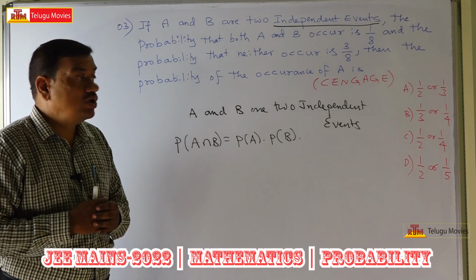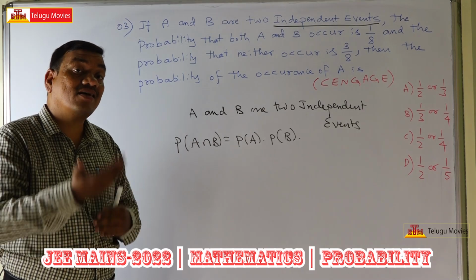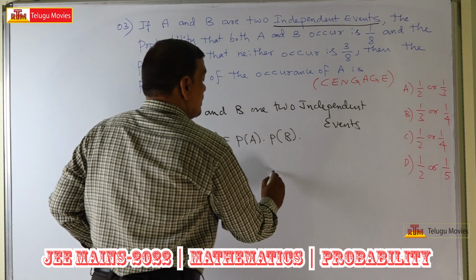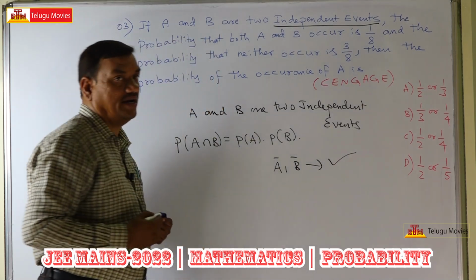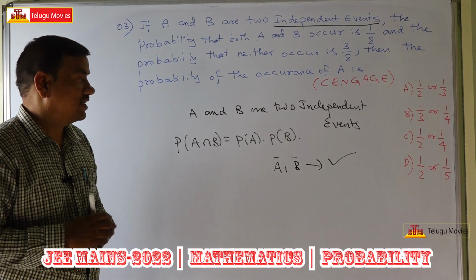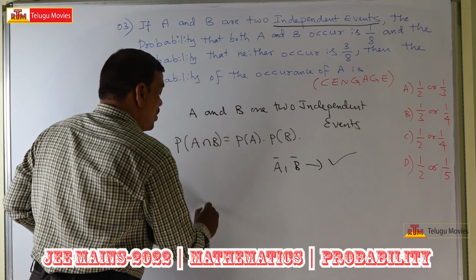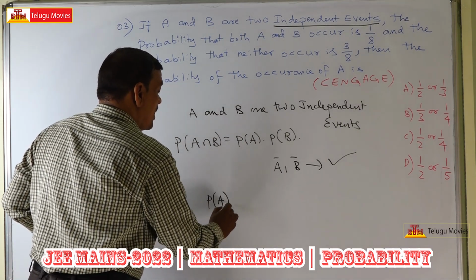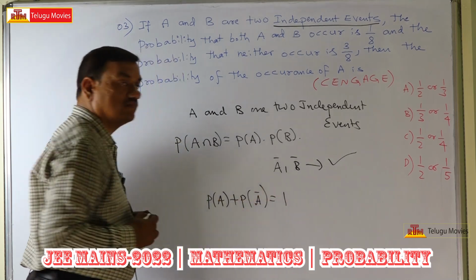Also we know that if A and B are two independent events, then their complements, that means A complement and B complement, are also independent events. That also we should know. Okay, that is the second one. Third one, we know that the probability of A and the probability of its complementary event add up to 1.